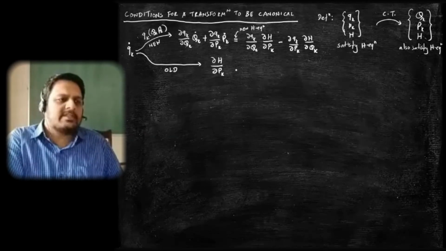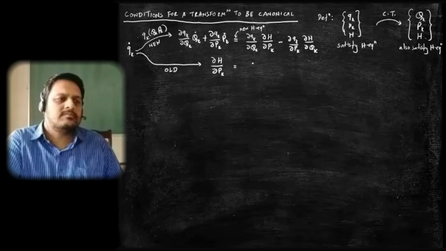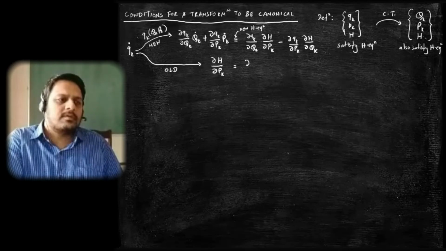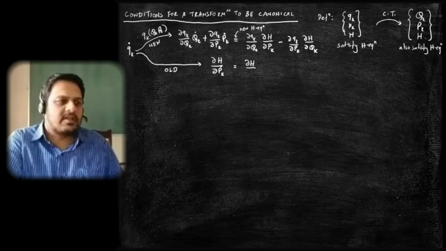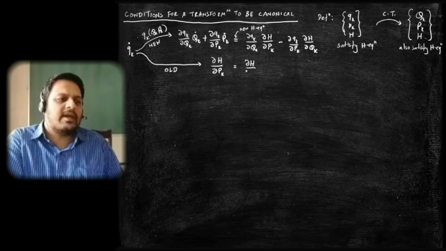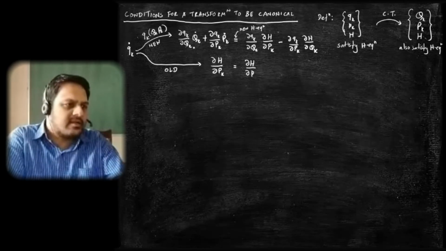But what is ∂H/∂pk? Qk dot, that is on the left. But you can expand this in terms of pk as a function of capital Qk and capital Pk. So basically it will be, let me make a small correction here.